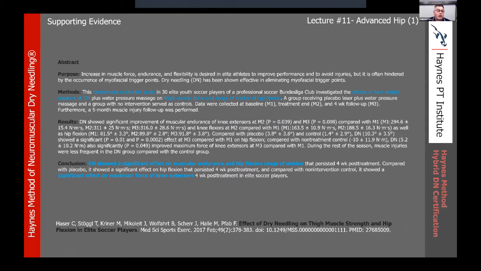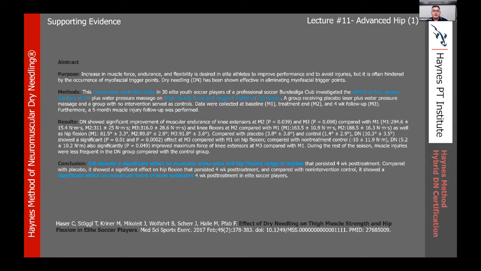The next is a study from 2017, a little bit older. Here, the authors, Hasser, looked at a randomized controlled study of the effects of 4 weekly sessions of dry needling on thigh muscle force and range of motion of hip flexion. They had different groups. Both groups also received a water pressure massage. I feel like they could have left that off to isolate what we were looking at.